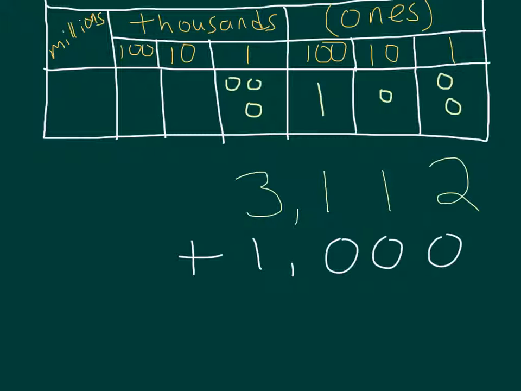Instead, what we want to do is take this 1,000 right here and just add one more dot up here, like so. Then when we look at our number in our place value chart, we just count the disks. Let's get some stuff out of the way and look at what our answer is.